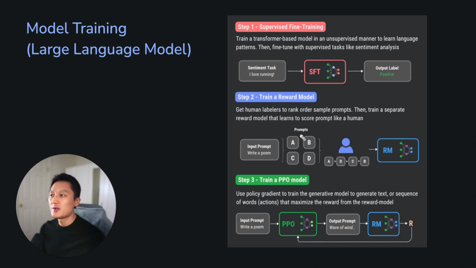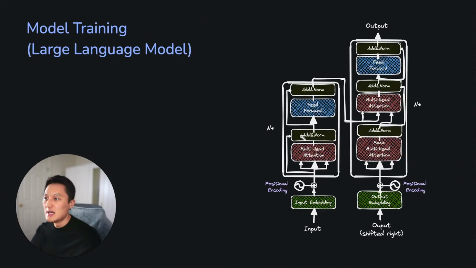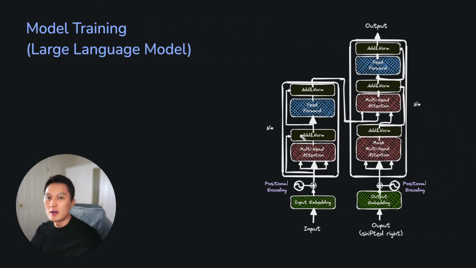First and foremost, you need something called supervised fine-tuning. And what that essentially is, is a transformer model. We're not going to talk too much about the underlying mechanics of the transformer model, but just understand that one of its core components is something called an attention mechanism. It's essentially a way for a model to understand the context and the relationship of words.